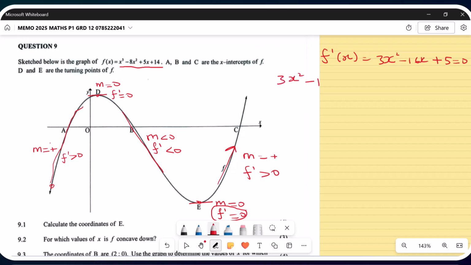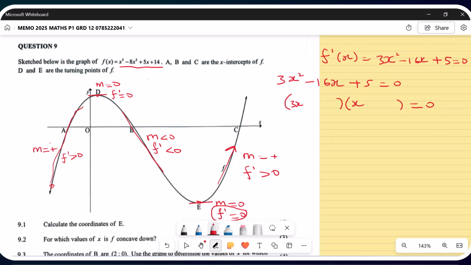Because of the 3x squared here, I'm going to have two brackets, one with 3x and the other with just x, equals 0. What do I get here?